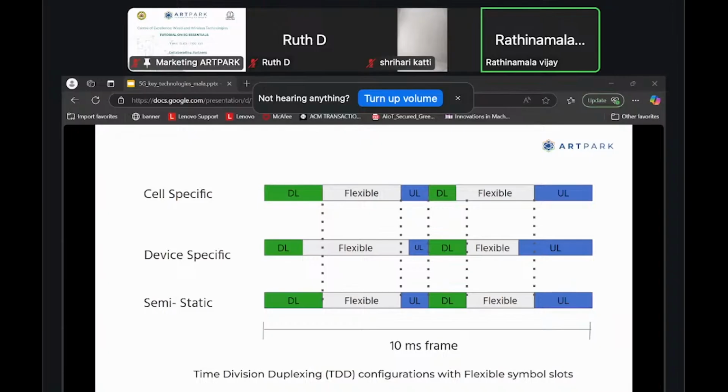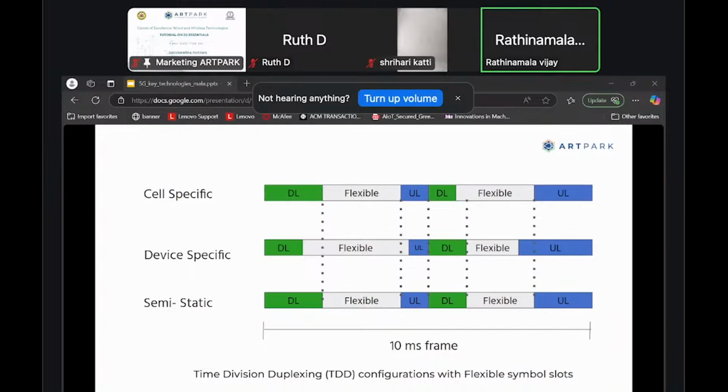And apart from that, in 5G we have flexible time division duplexing configurations, which have flexible symbol slots. There are fixed downlink slots and uplink slots. In addition, we also have flexible symbols, which can be configured as downlink or uplink.